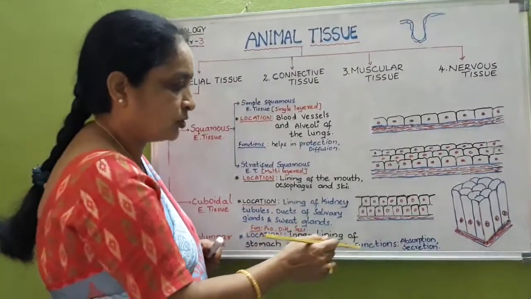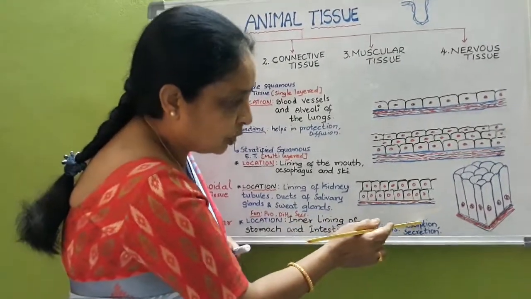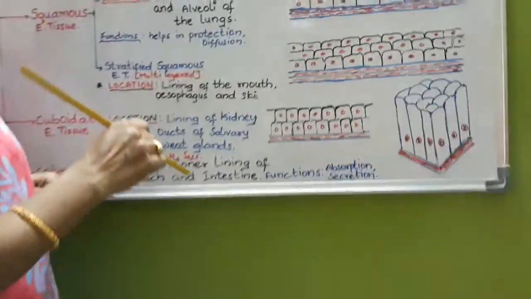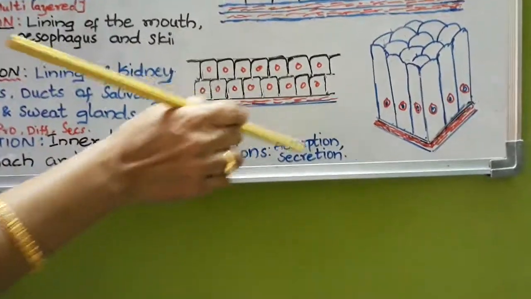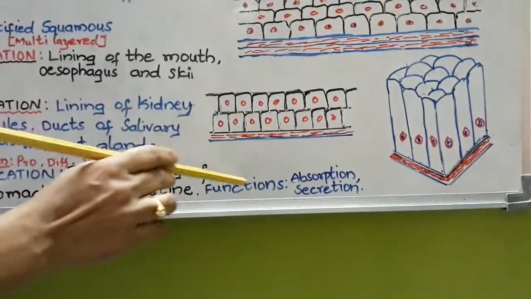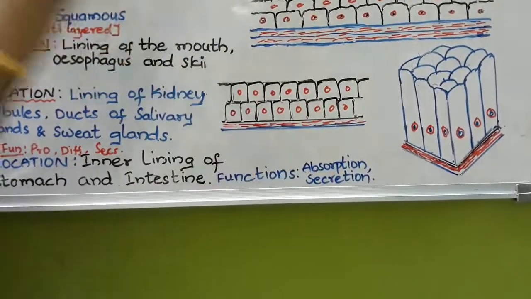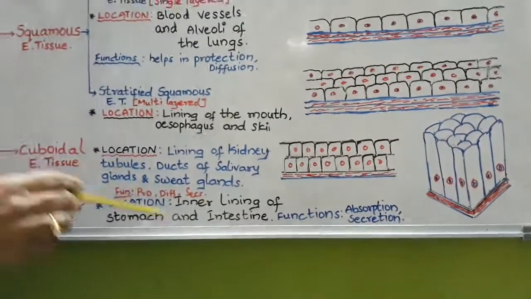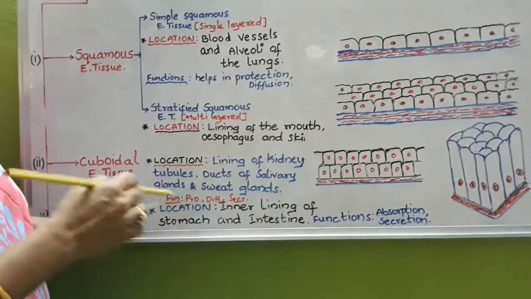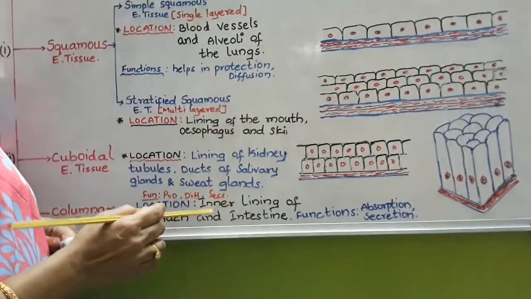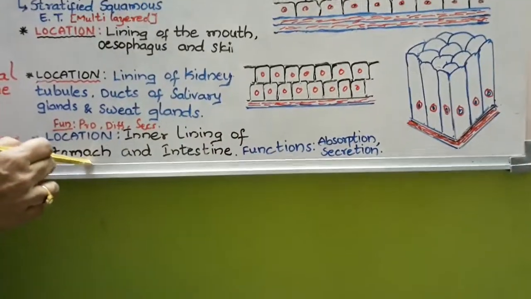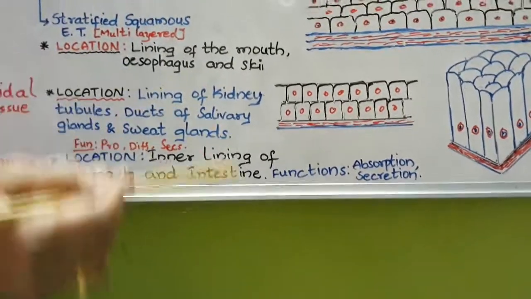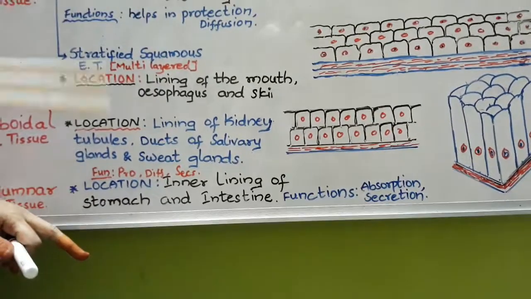So the functions are absorption as well as protection. They absorb and also secrete. Where absorption and secretion are performed, there is columnar tissue. For example, in the inner lining of the stomach, enzymes are secreted and some food is digested.